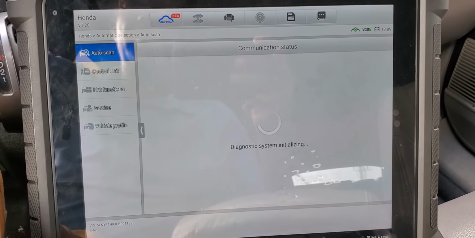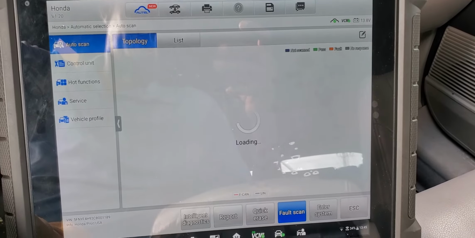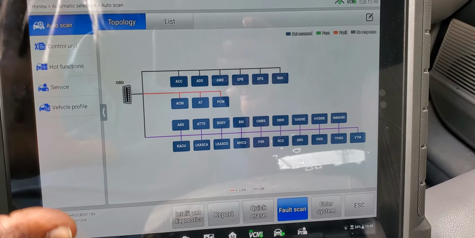You just wait a little bit. I'm going to wait here. Yeah, you see here now, we have all the computers that are here.